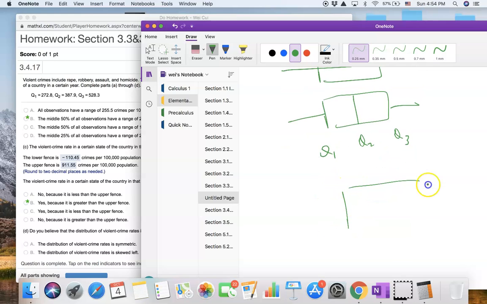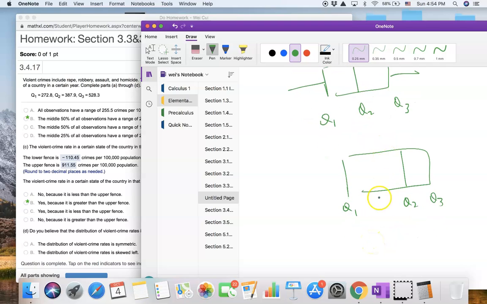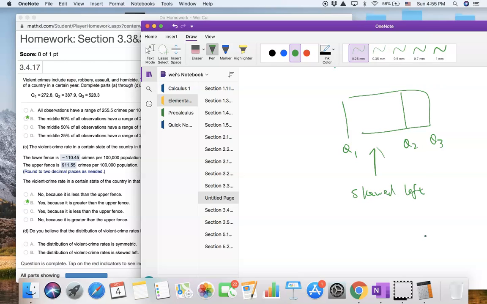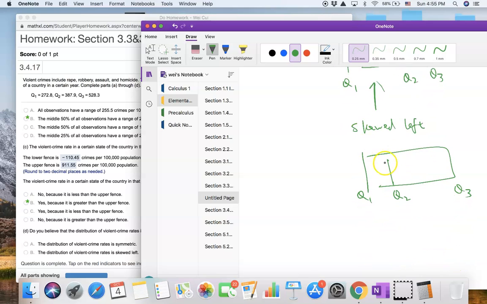But if they are not equal, for example, like this one, the distance between Q2 and Q1, if it's greater than the distance between Q3 and Q2, this is skewed left. And if it's opposite, it's going to be skewed right.